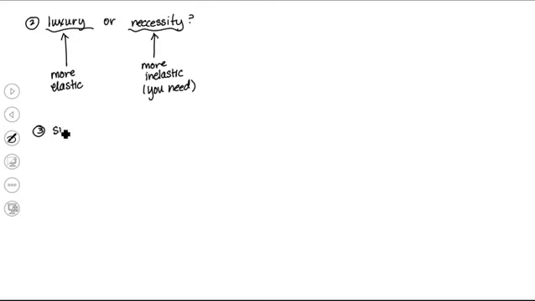Number three is the size of the good as a proportion of your budget. The size of the good as a proportion of your budget. So let's keep it simple.